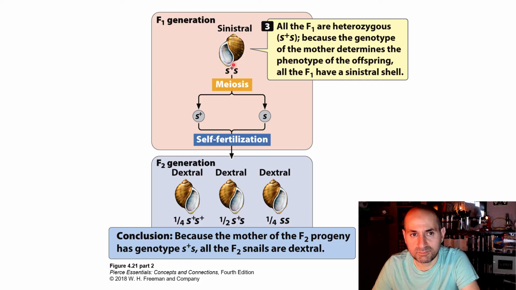The genotype of the mom, not the phenotype of the mom, dictates the phenotype of the offspring. So even though one quarter of the offspring should be sinistral, it shows dextral because of maternal effect. Very interesting stuff. So again, conclusion: because the mother of the F2 progeny has genotype S+ s, all of the F2 snails are dextral.